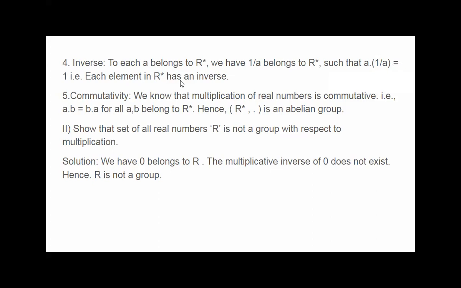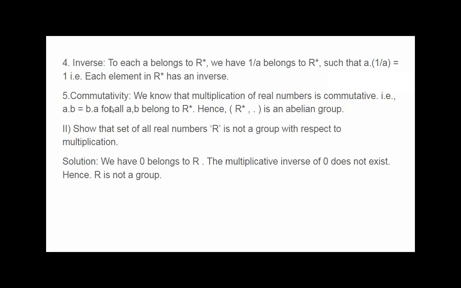That is, each element in R star has an inverse. If we take any number from this R star, suppose 50, then 1 by 50 is also in the set. 1 by 50 is the inverse of the element 50, which belongs to R star.